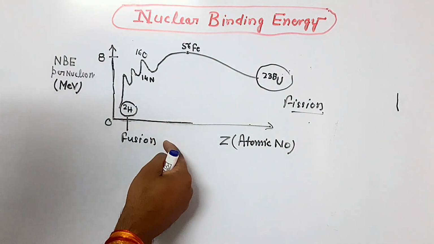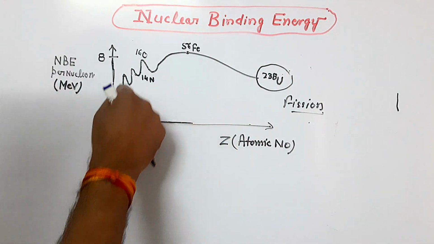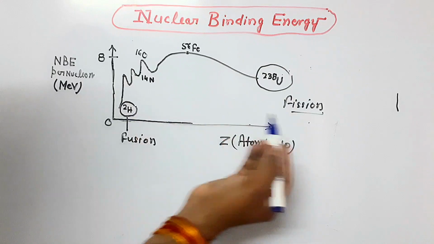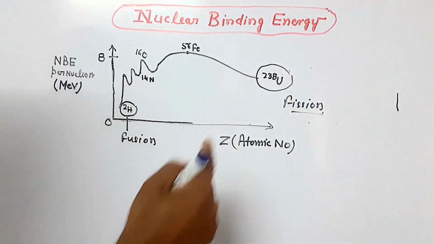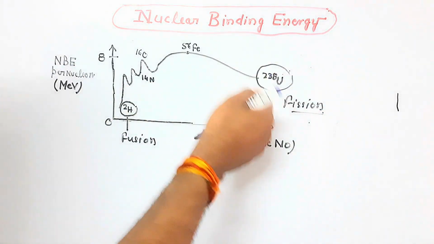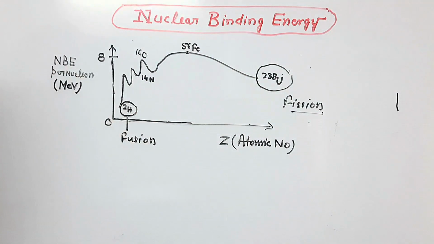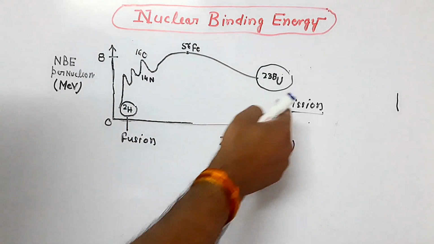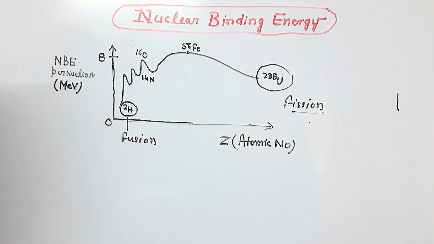What you observe here is that in the case of lighter nuclei or heavy nuclei, the NBE per nucleon value is less than 8, and they are unstable. So lighter nuclei undergo fusion while heavy nuclei undergo fission.